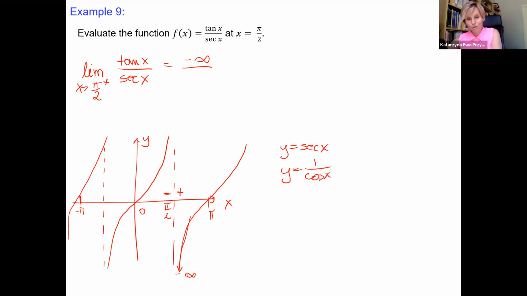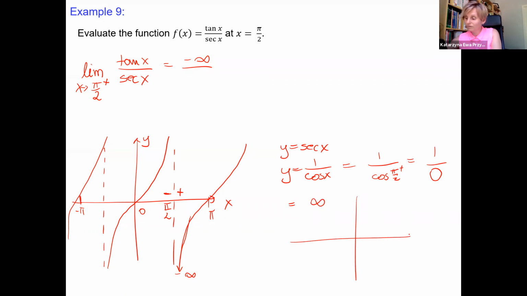And cosine is definitely 0, right? Cosine at pi over 2, let's say from the right-hand side, is 0. And we remember 1 over a small number, 1 over 0, is a big number. But we have to figure out the sign. Cosine looks like that. This is pi over 2.